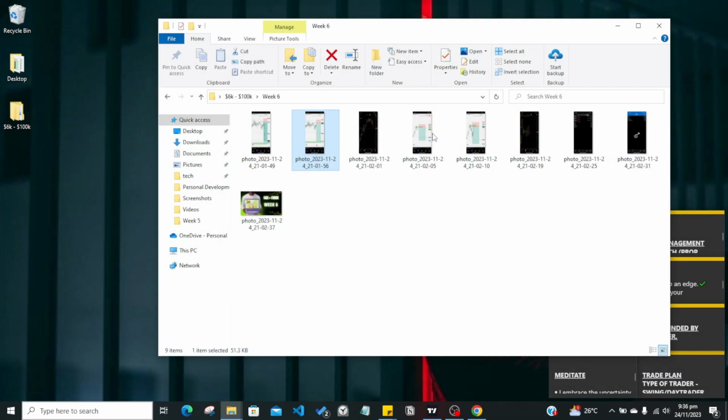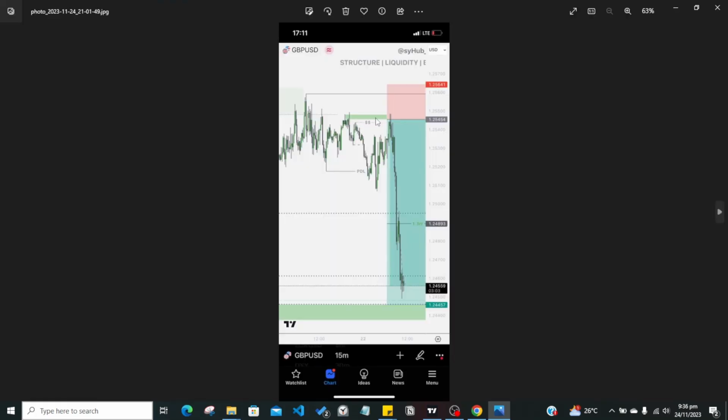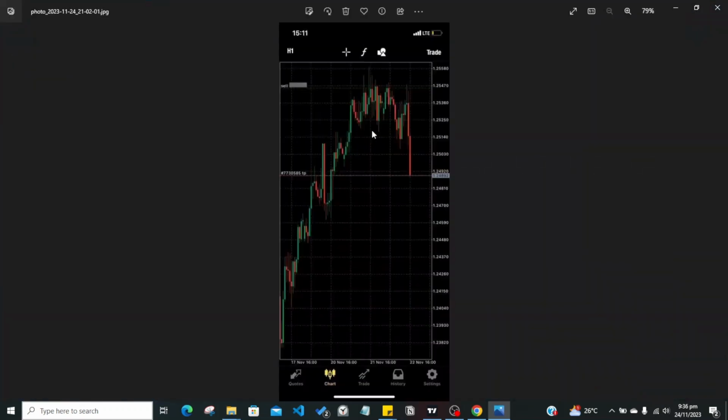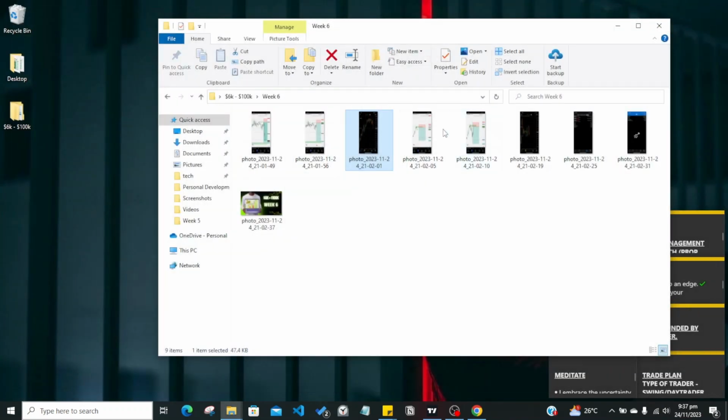After taking the entry, I sat out and let probability play. Price rejected up there and targeted my area, which was a clean, sweet trade. This was the execution on my MT4. Took a sell right from the top there and just took my TP, which went straight to my TP, a clean 1:3.